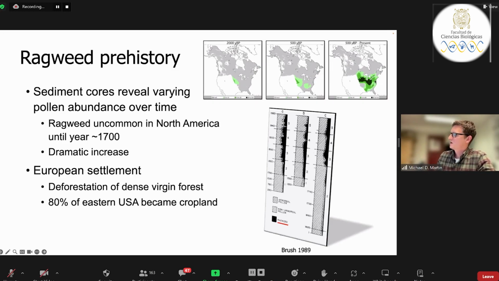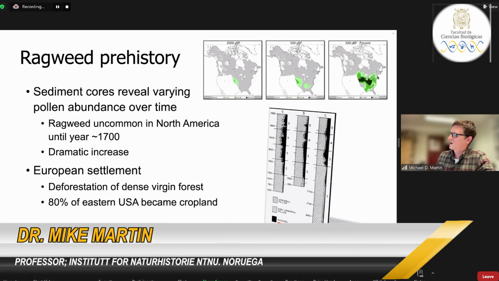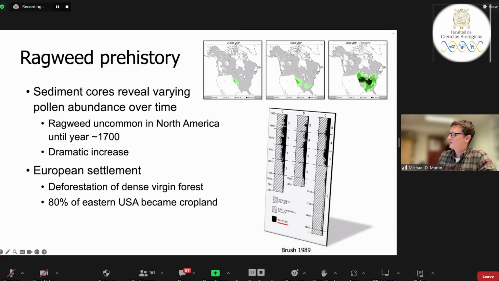And around the time of European colonization of North America, ragweed had an explosion in abundance. This time in the sediment core history is called the ragweed horizon.